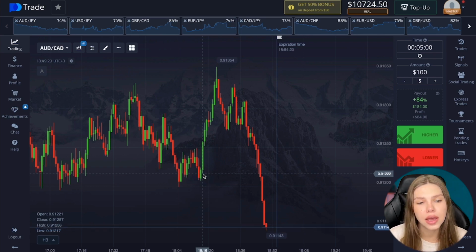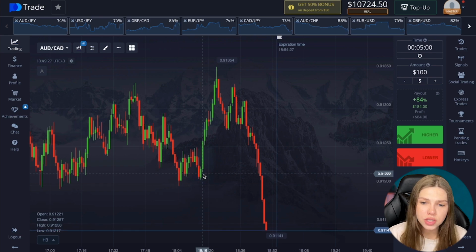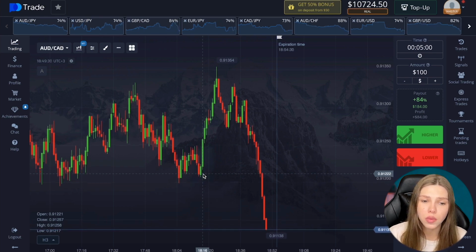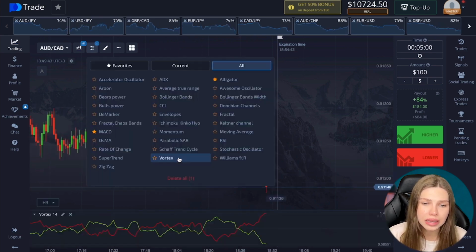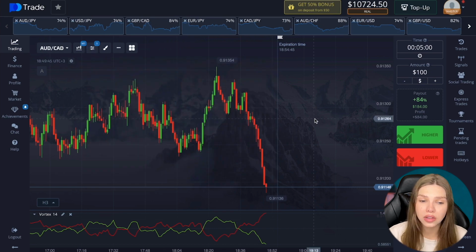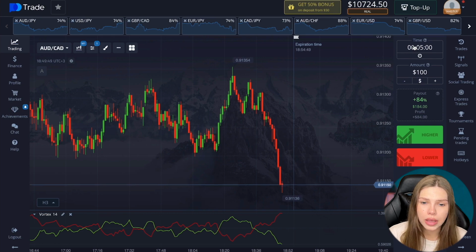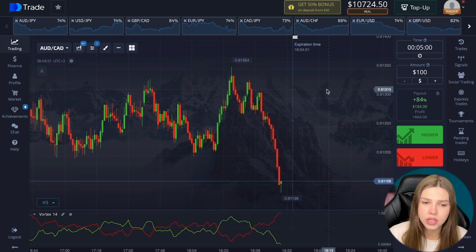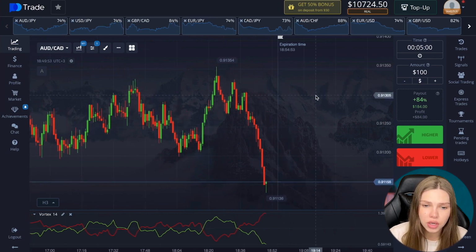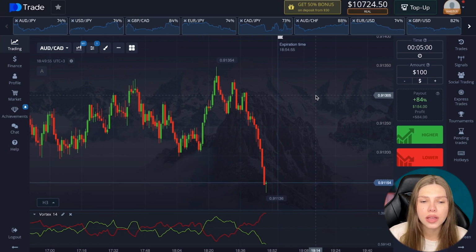We have registered, logged into a demo account, maybe we are replenishing immediately, and we want to choose an indicator. Let's say we pick the Vertex indicator, we edit it, select the time of the transaction and the amount of the transaction, and we start trying to trade.